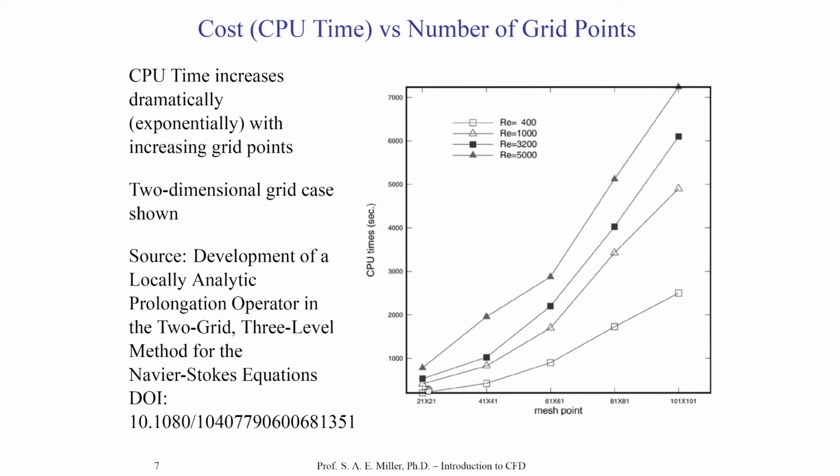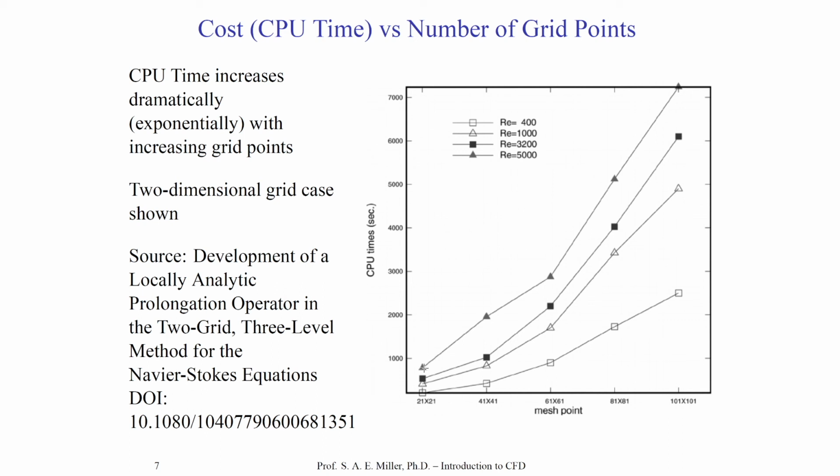So for example, for the smallest case, we have only a few seconds of time, which went up all the way up to 2,500 seconds of time for the particular CPU from 21 by 21 grid points to 101 squared grid points. If we increase the Reynolds number all the way to 5,000, the computational cost increases tremendously.